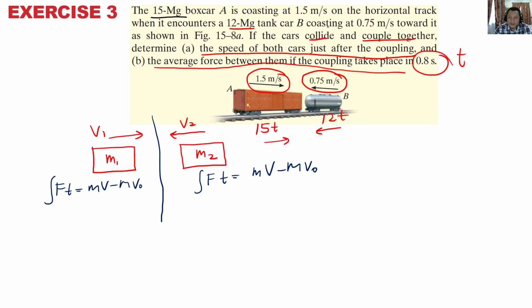So if both of them collided, crashes with each other, the crash takes time 0.8 second. So time is something that they share. F is also something that they share. You have a force to the left, you have a similar reaction force to the right hand side. So Ft is equal to Ft.